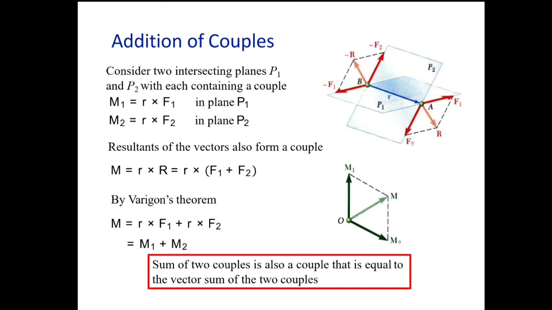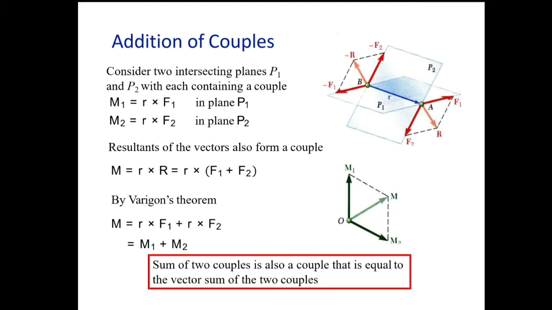Now if we take moment M1, we can see M1 is equal to r into F1 along the plane P1. The two opposite forces F1, and the distance between these two forces is r, so r into F1, or we can say r into F2 for the P2 plane.